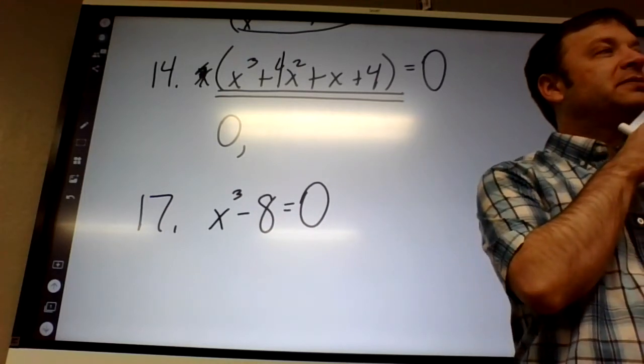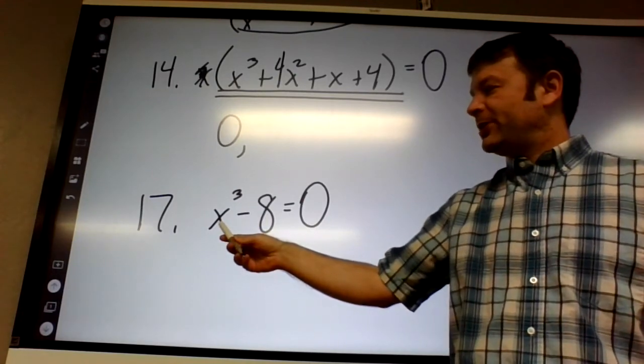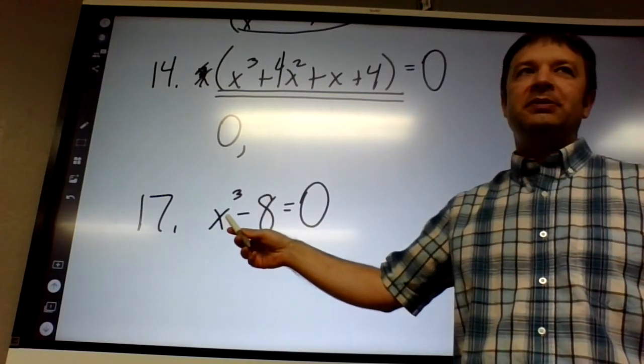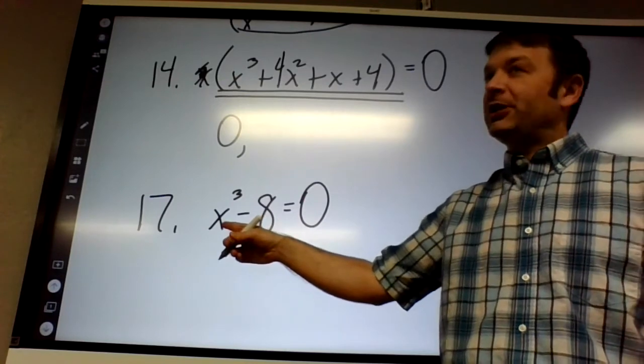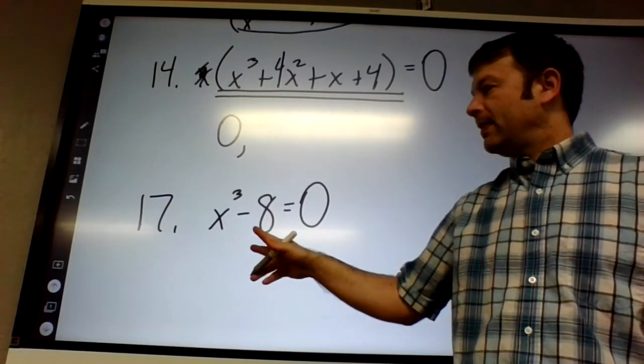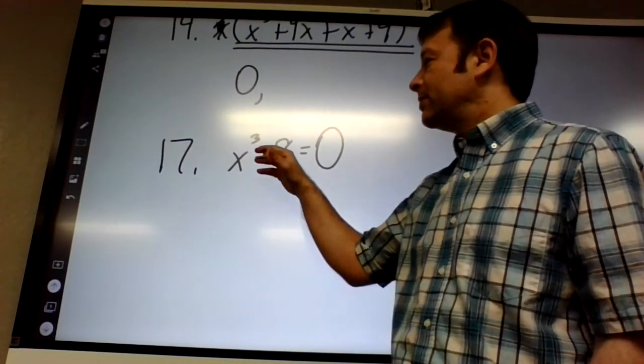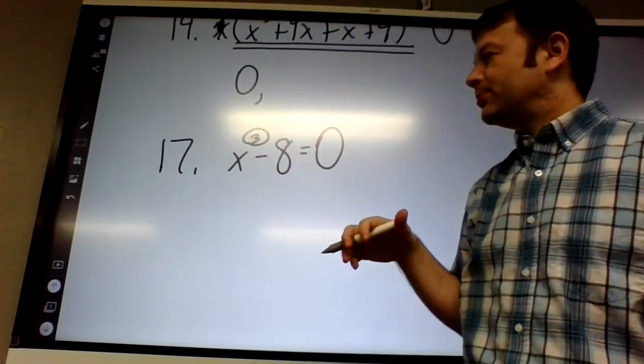Negative 2? Is that what you said? No, positive 2. Because what's 2 cubed? 8. So would 2 work? Yeah. But how many answers are we supposed to get though? 3. So 2 is just one of the answers.